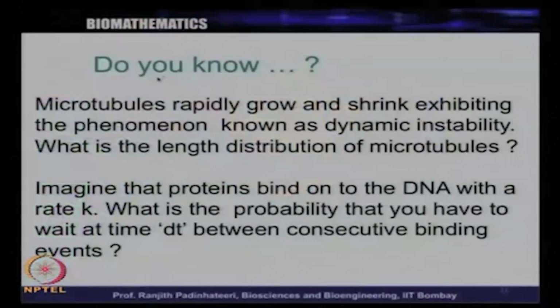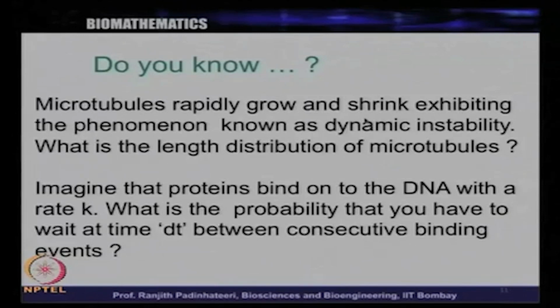Some question which I wanted to ask you is that, you know something about microtubules. You know that microtubules rapidly grow and shrink, exhibiting the phenomenon known as dynamic instability. You might have heard of dynamic instability. Otherwise, go and have a look at the textbooks. What is dynamic instability of microtubules? It is a phenomenon where microtubules rapidly grow and shrink.